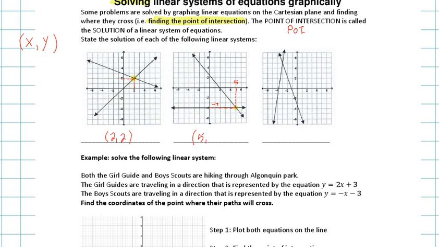Y goes second. What will be the point of intersection for the last? (-3, 5). That's right.